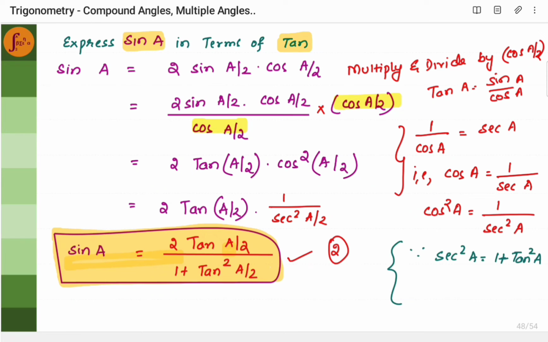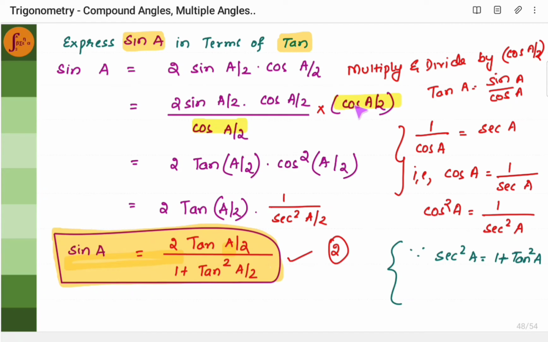What can I do to make it tan? I can divide by cos. If I divide by cos, I will get sine A by cos A, which is tan A. But if I divide, I need to multiply also. To balance this entire equation, I have to perform the same operation in the numerator and denominator. Here I have to multiply with cos A by 2 if I have to divide by cos A by 2.